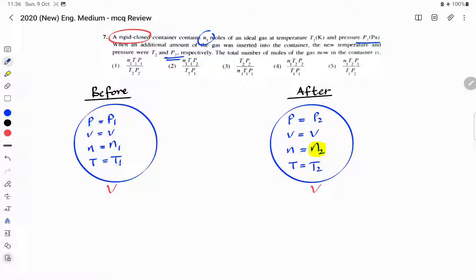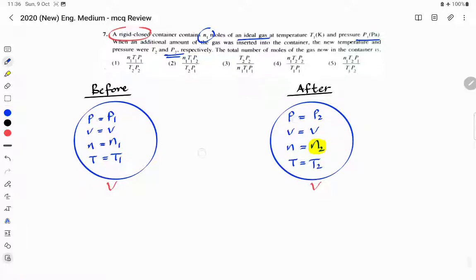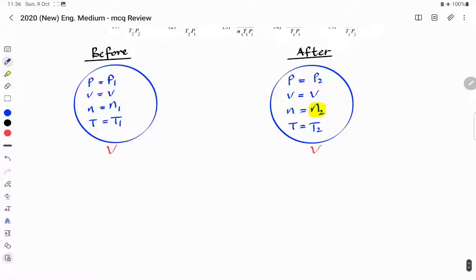Now we can construct a relationship between these two. Since it's an ideal gas, we can apply the ideal gas law. So by applying PV equals nRT for the first situation: pressure is P1, volume is V, number of moles is N1, R T1.